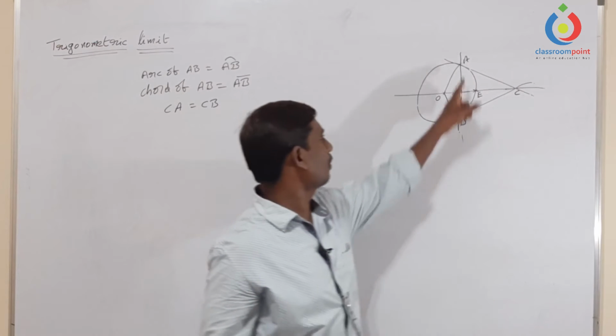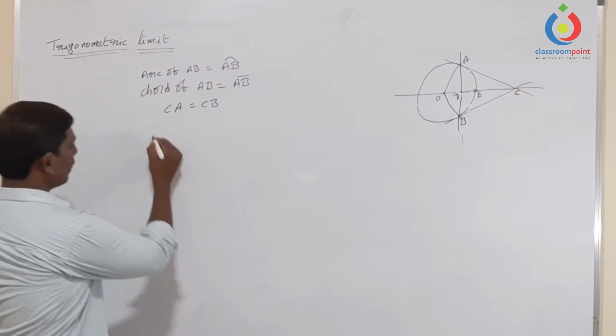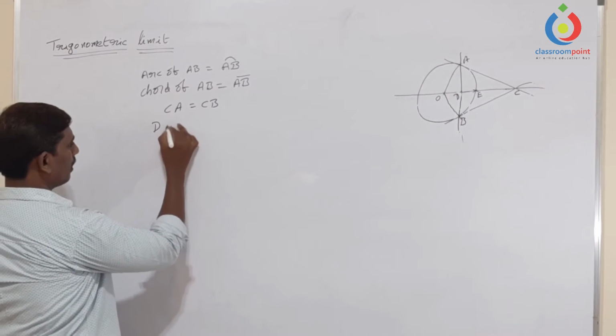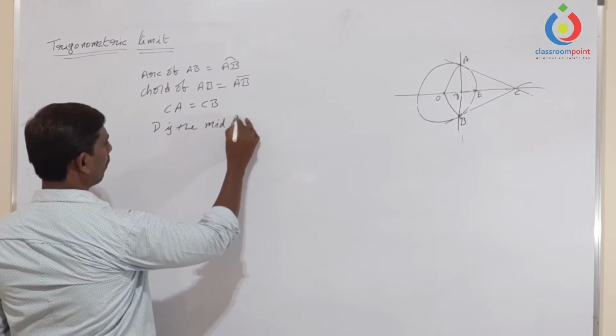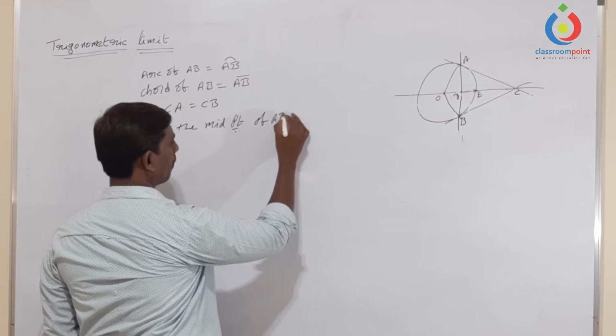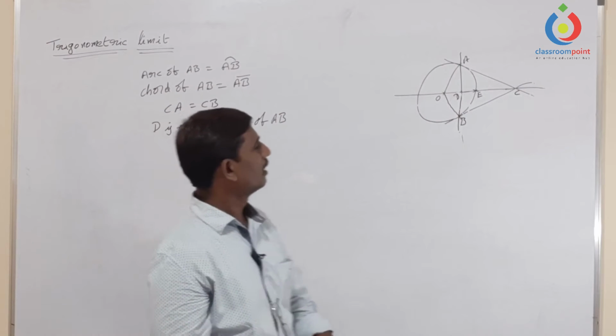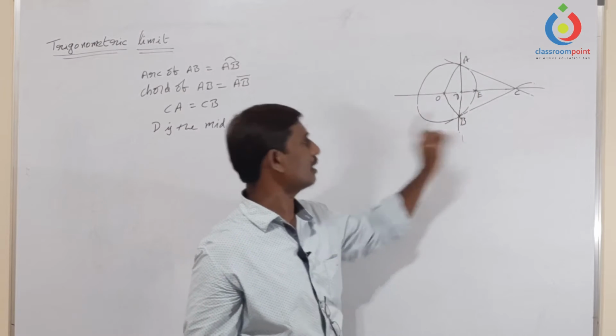One more, D is the midpoint of AB, and E is also the midpoint of arc AB.